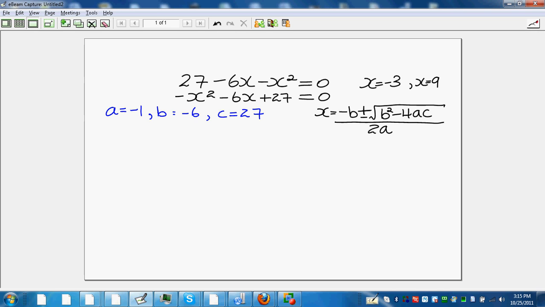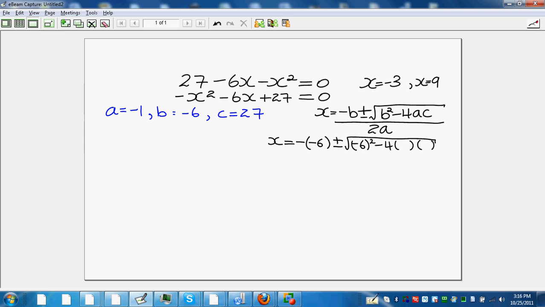Okay? So we substitute what we know: minus sign, and in brackets we'll put what b is. B is minus 6. So it becomes very important to put your brackets before you substitute. Plus or minus square root of b squared, which will be minus 6 squared, minus 4 multiplied by a multiplied by c.